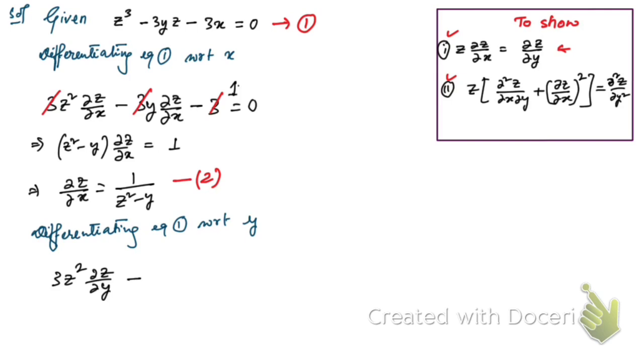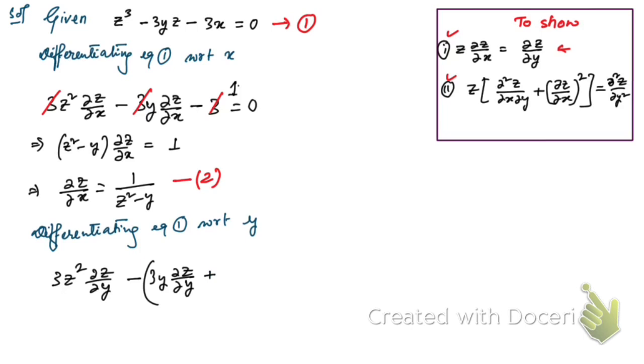Next term, minus 3yz. This is a function of y and this is a function of both x and y, so here we're going to take 3y as u and z as v. We're going to use the product rule: first function times the derivative of the second function, del z by del y, then second function times the derivative of the first function.